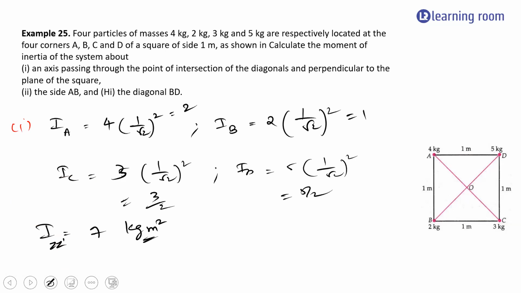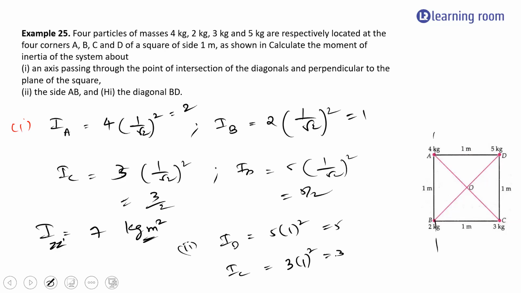See, when this is going to be the axis of rotation, this 5 kilogram mass is at a distance of how much? 1 meter. So the moment of inertia of D about AB is going to be 5 into 1 square, that is 5. Moment of inertia of C about AB is going to be 3 into 1 square, that is 3.